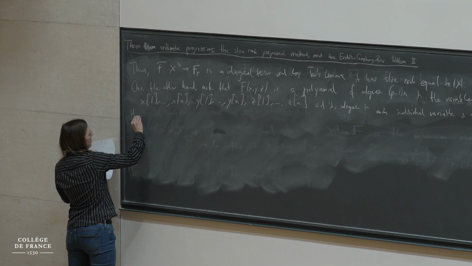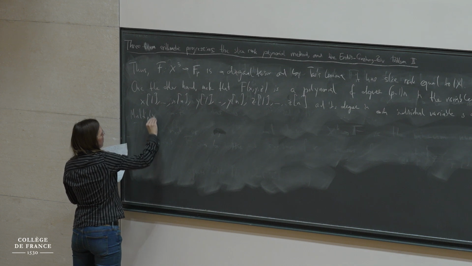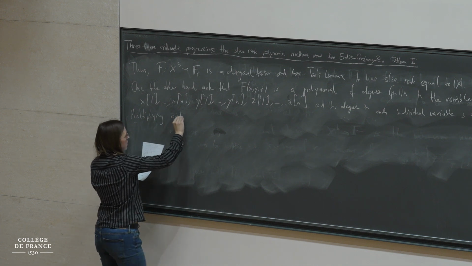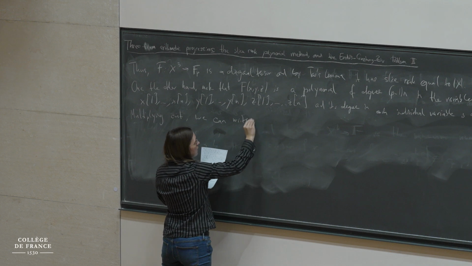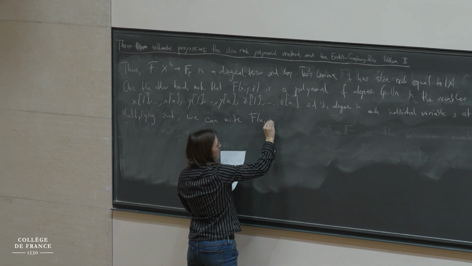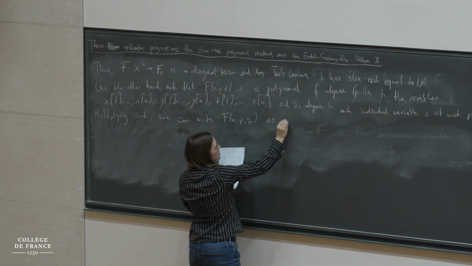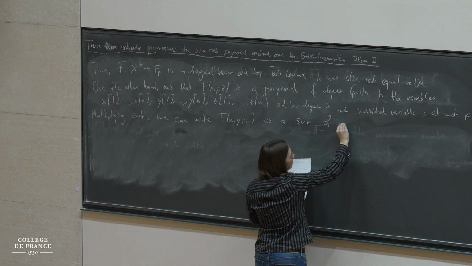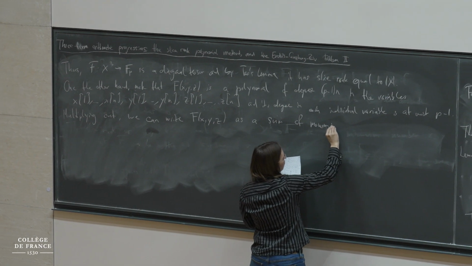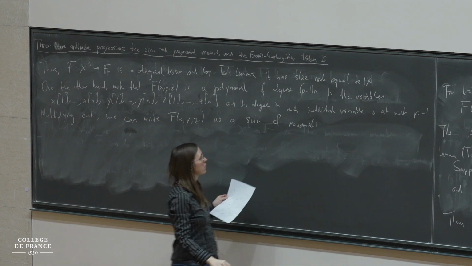So multiplying out, we can write f of x, y, z as the sum of monomials. And again, each of those monomials has degree at most p minus 1 times n.